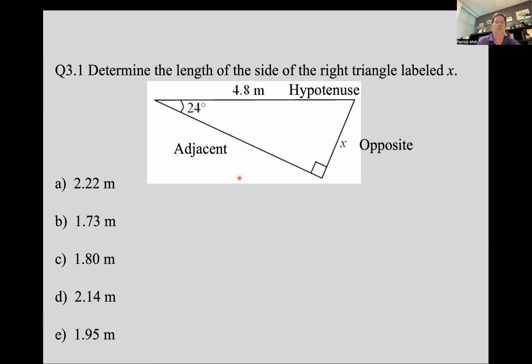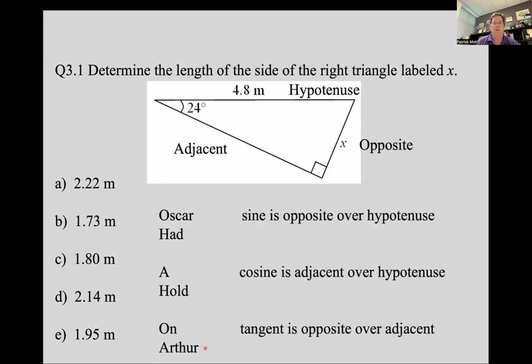And how to keep those straight, the way I was taught, was to remember that Oscar had a hold on Arthur, which has reminded me for many years now that sine is opposite over hypotenuse, Oscar had. Cosine is adjacent over hypotenuse, a hold, and tangent is opposite over adjacent, on Arthur.